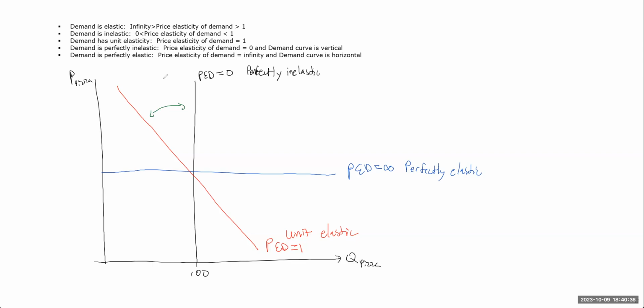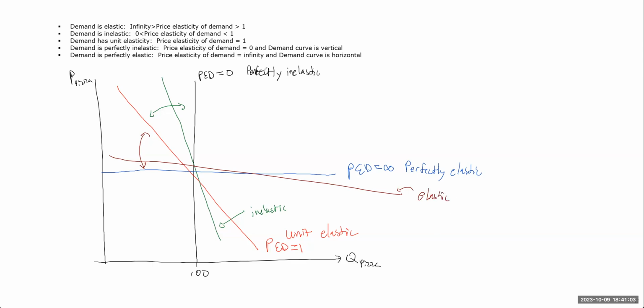So a steeply sloped curve, something like this, is inelastic demand. And then we have the opposite of that, which is in this region, between unit elastic and perfectly elastic. So if you have a flat line, this is considered elastic demand.